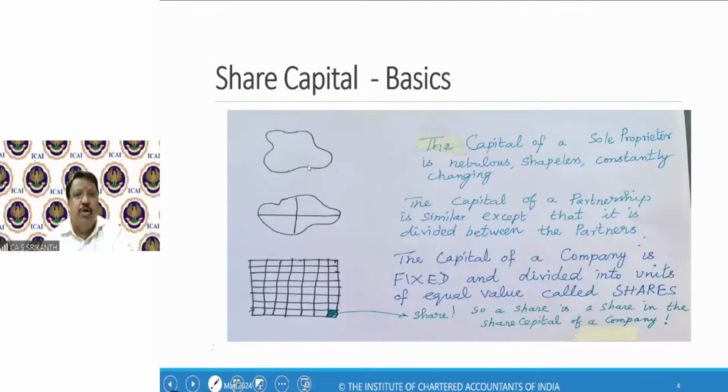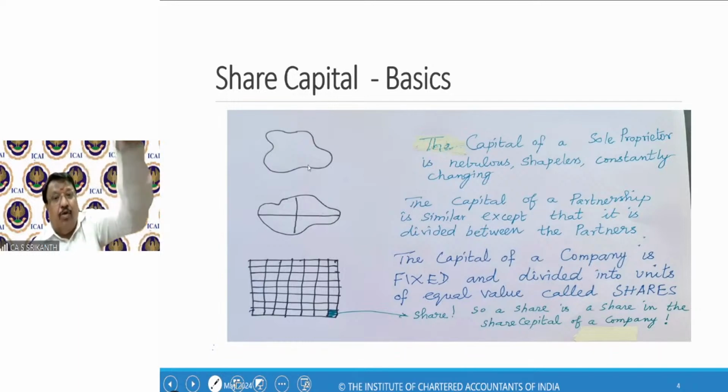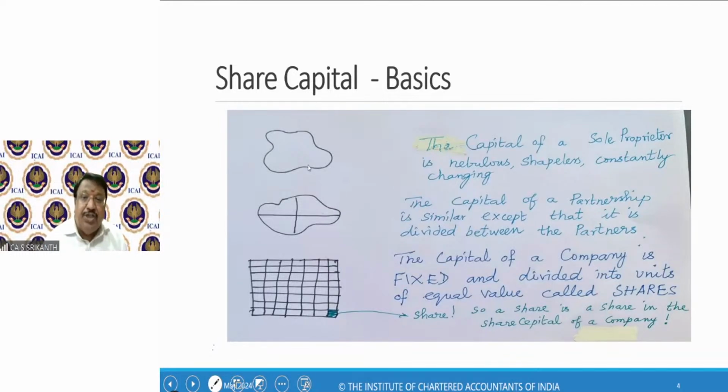For example, if the capital of a sole proprietor in the business balance sheet becomes negative, it does not mean that the sole proprietor is not liable. It means you can always attach his personal assets, which are not reflected in the balance sheet of the proprietary business. Same way for the partnership, even though it is not in the partnership balance sheet, the personal assets of the partner can be attached for the liabilities of the firm.